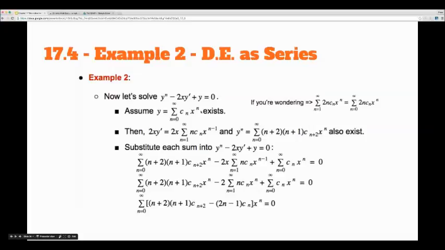And to spare you from redundancy, I'm going to skip a bit of steps because we already went through some of these twice already. So we have 2x y prime equal to 2x times the y prime summation. We already know what y was. We have y double prime. We shifted it back to 0 to infinity.